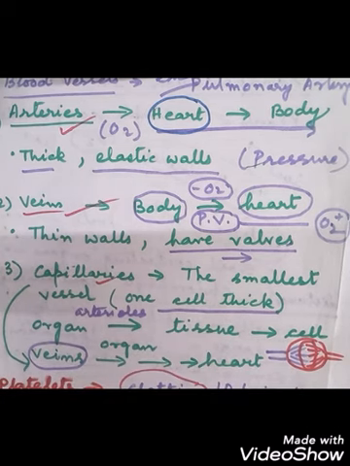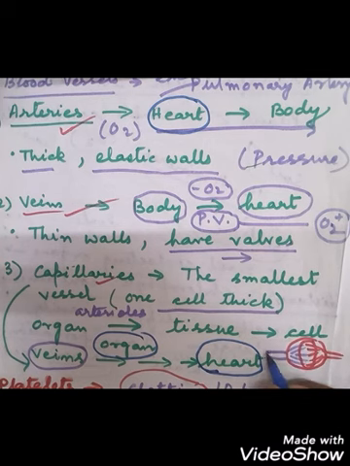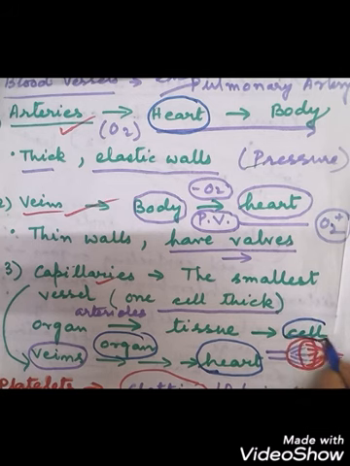So the blood will be carried by the veins from the organs to the heart. Now, when the veins are carrying the blood from the organ to the heart, the artery is also carrying oxygenated blood and coming to the organ up to the cell to give its oxygen from the blood.